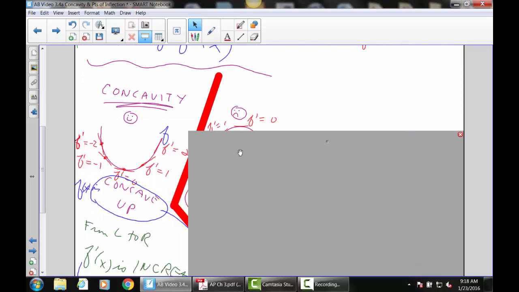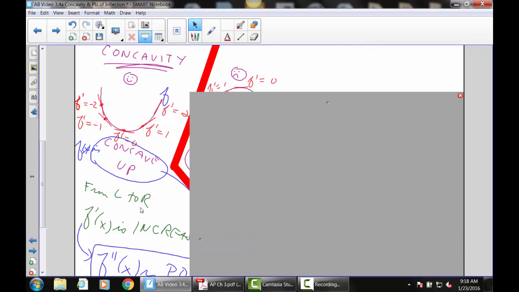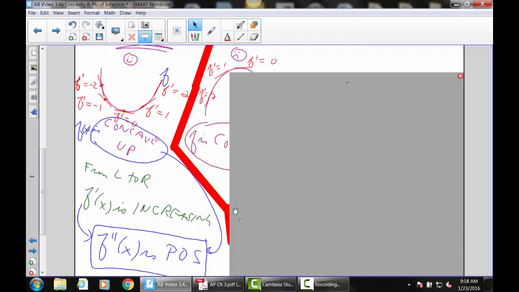If you look at concave up, for example, you'll notice that if you look at the slopes from left to right, here the slope I'm approximating is -2, -1, 0, 1, 2. As I move from left to right, you can see that f prime of x is increasing. If f prime of x is increasing, that means its derivative must be positive.